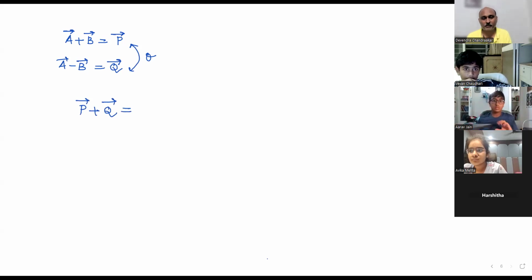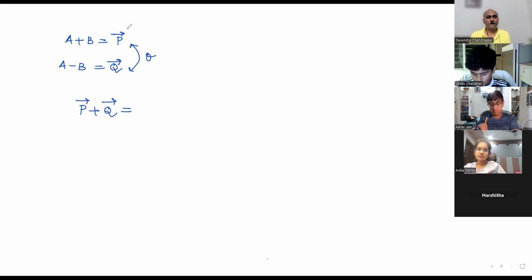One minute, I am looking at the magnitude. Yes, these are magnitudes, there is a mistake. This is root 3a square plus b square. One second, these are not vectors, these are magnitudes only. So magnitude of p, magnitude of q is this and this. The angle between them is theta, right?